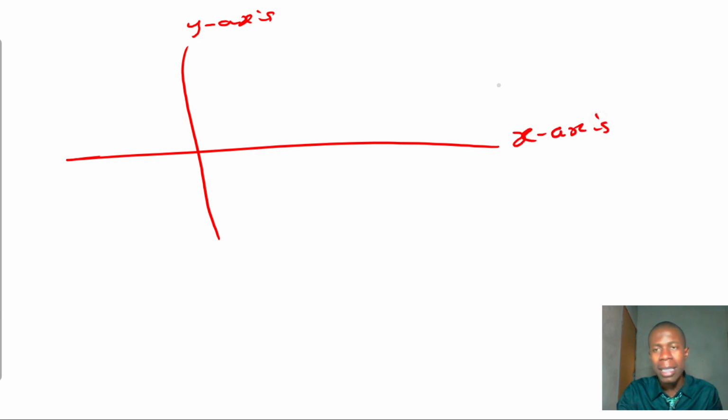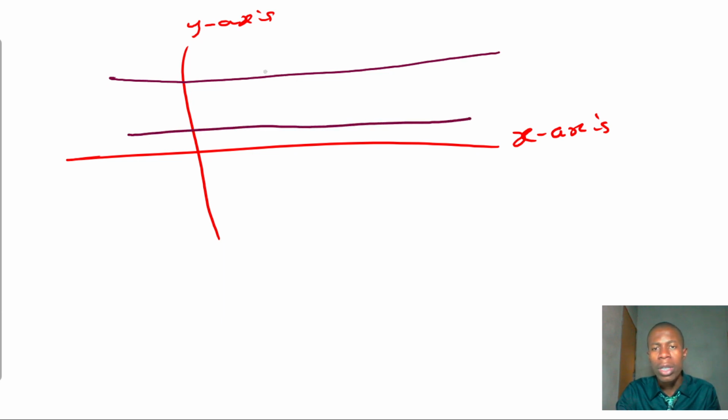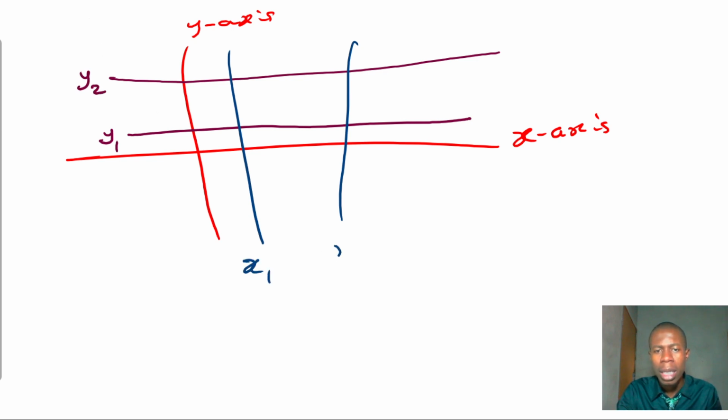Now, for you to find the area under a graph, you need to find the boundaries of the y and the boundaries of the x. Let's say this is y1, y2, and x1, x2.